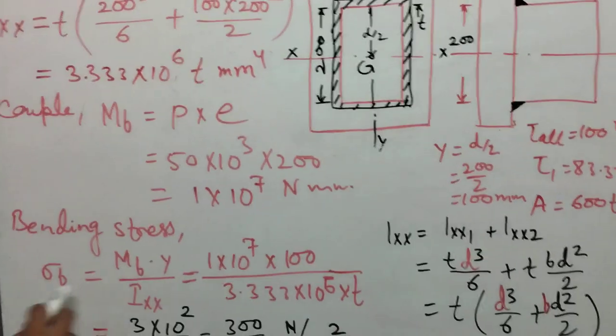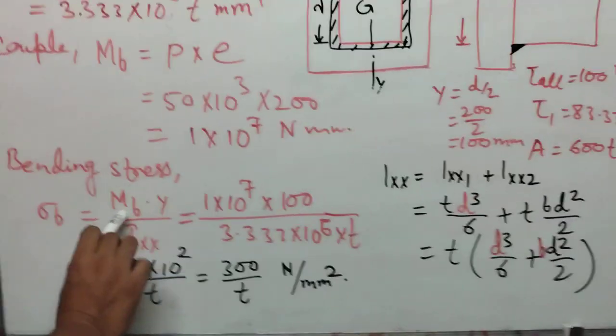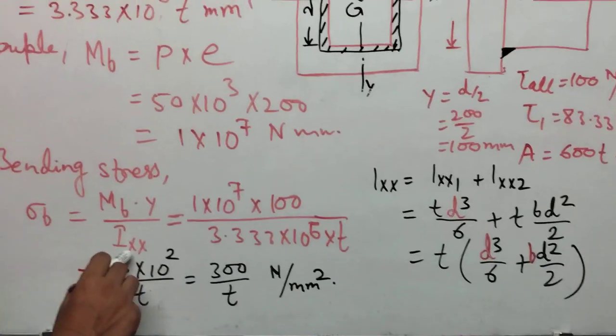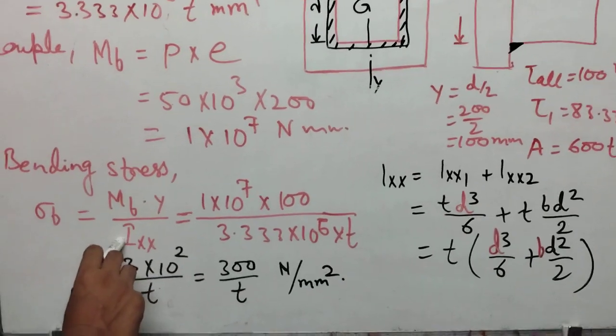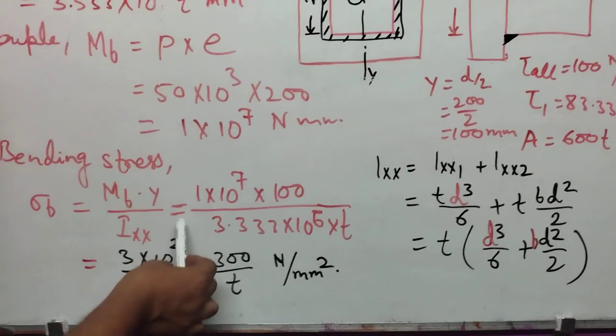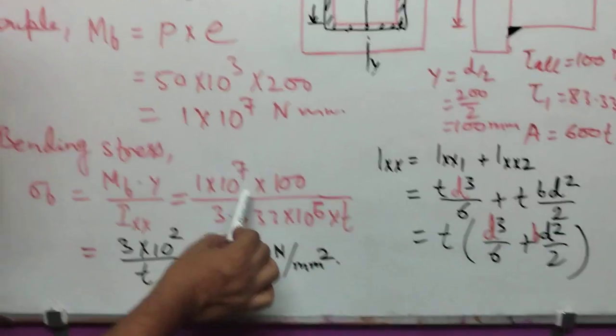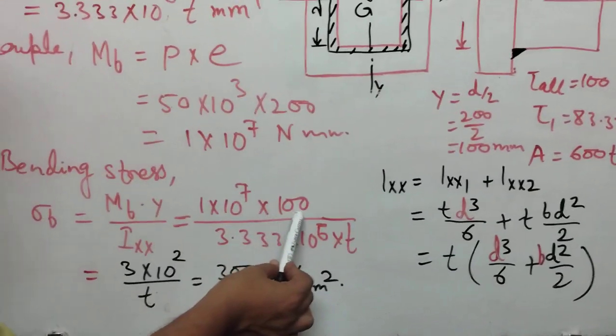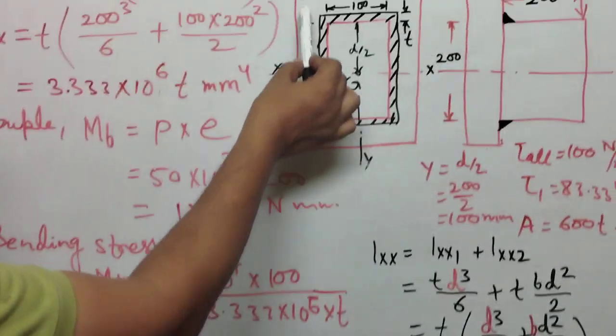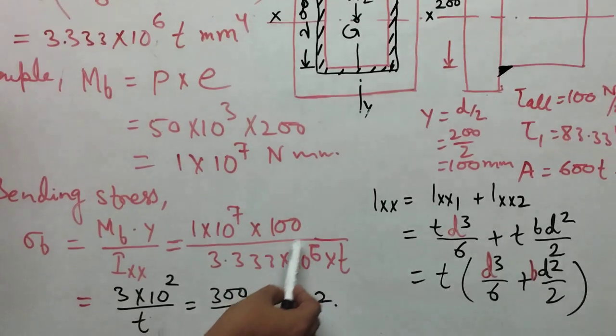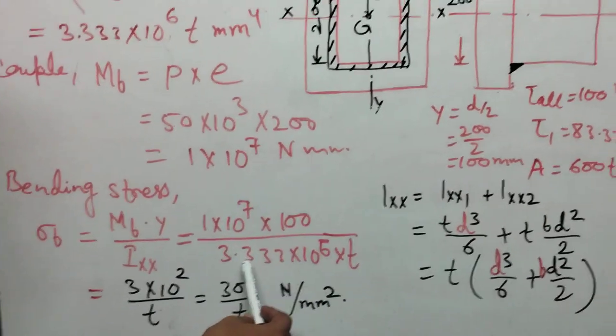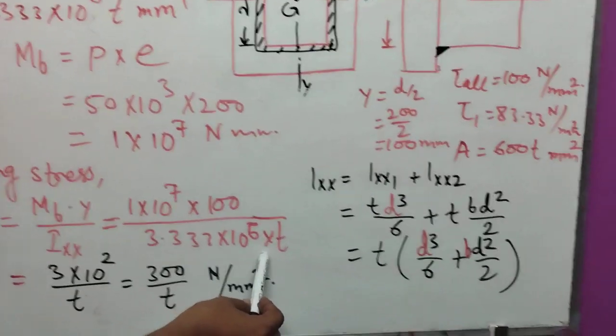The bending stress sigma b equals M b into y divided by Ixx, which is 1 into 10 to the power 7 into y, where y is half of the depth, d by 2 equal to 100 millimeter, divided by 3.333 into 10 to the power 6 into t.